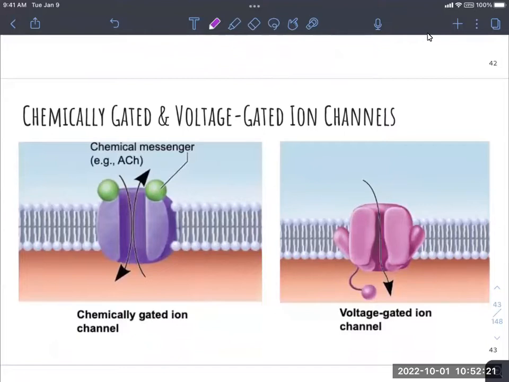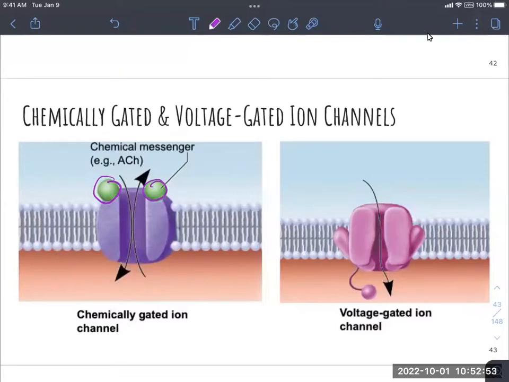The chemically gated ion channel. In muscles, this would be acetylcholine. These green ones on here would be your acetylcholine. That is what causes this ion channel to open. Then we have our voltage-gated ion channels. These are going to open depending on the charge at the membrane of each individual cell.